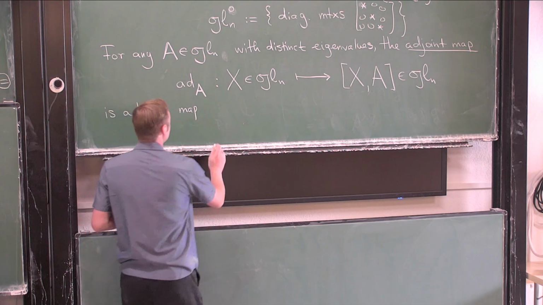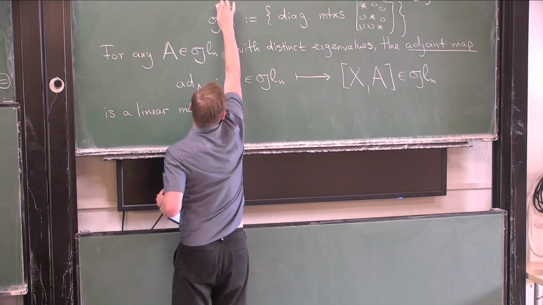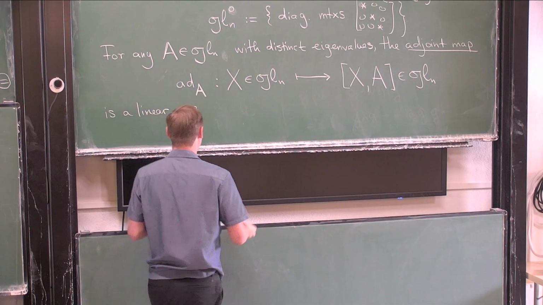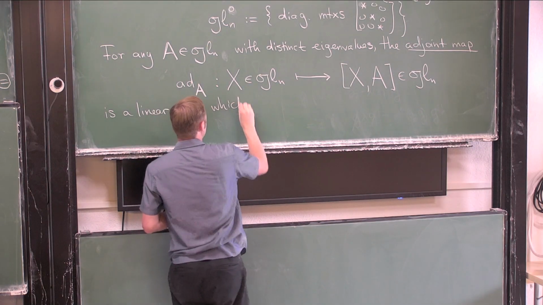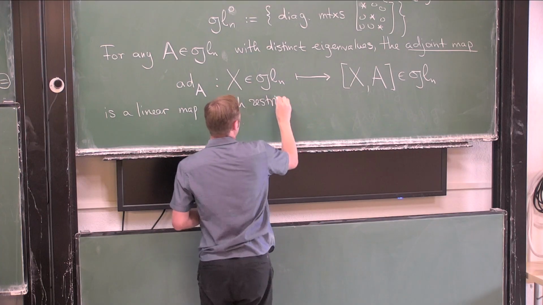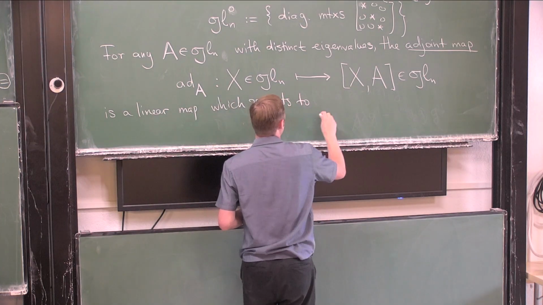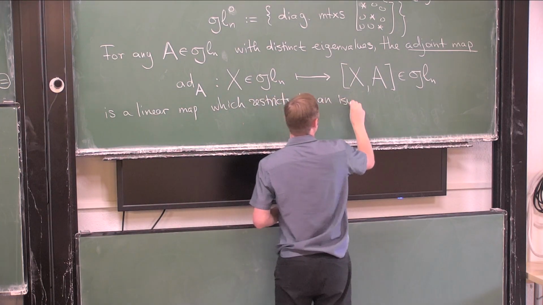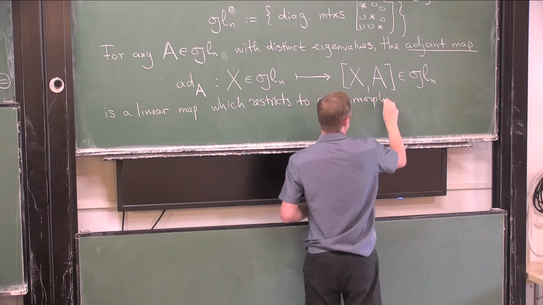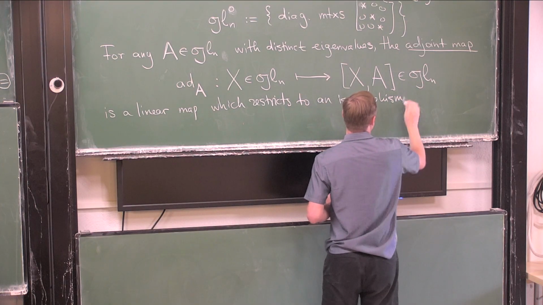But then it has a very important property when you restrict it to the off-diagonal matrices: it restricts to an isomorphism on the off-diagonal matrices.